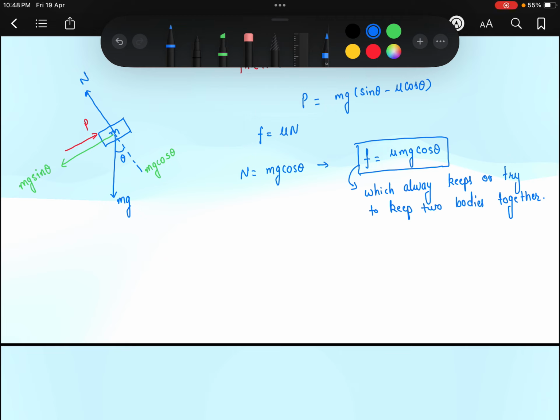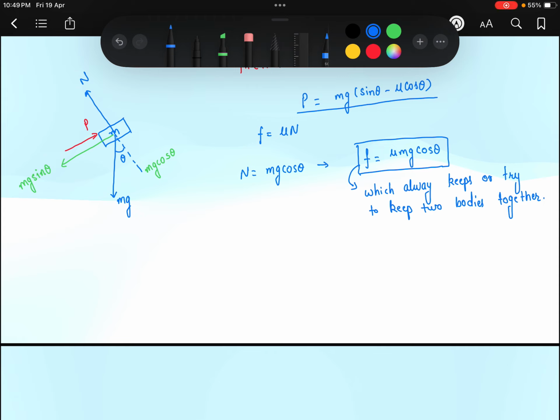So this force P is acting in upward direction, whose value is like this: P is equal to mg into sine theta minus mu cos theta, and this mg sine theta is acting downward. So which force is greater here? Obviously this force mg sine theta is greater.